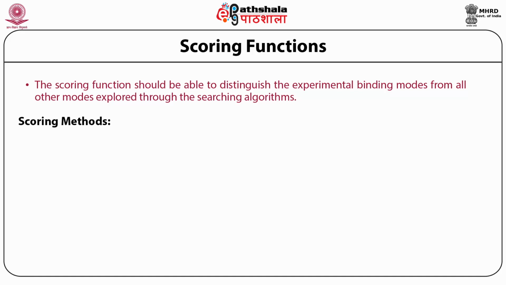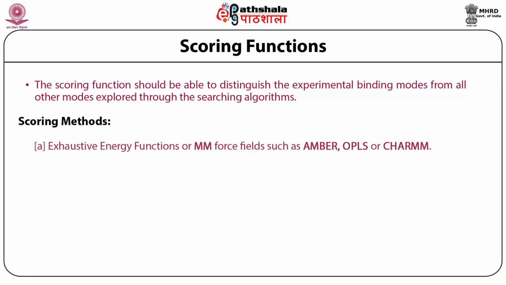Here I am discussing the three different groups of scoring functions that have been developed. One of them is the exhaustive energy function, which is derived from molecular modeling force fields like AMBER, OPLS, CHARMM, etc. Another is the empirical free energy function, derived from known empirical functions, like PMFs and PLPs.